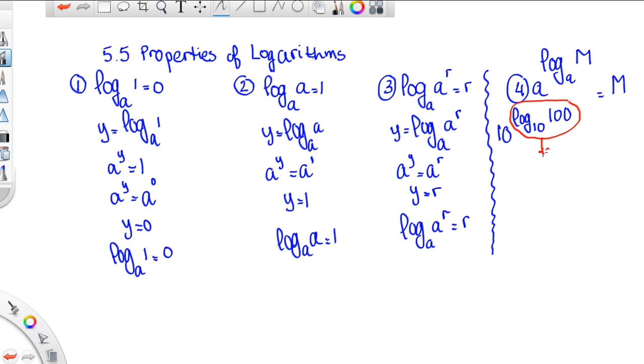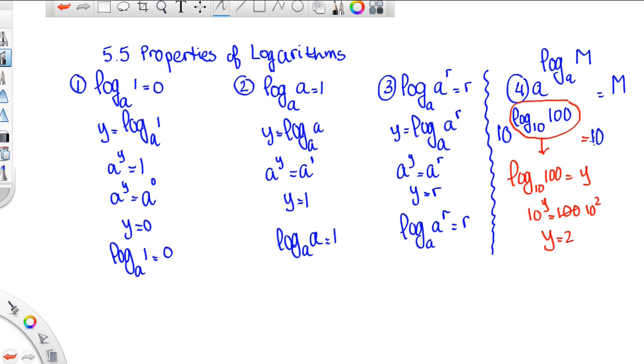So the log 10 of 100. Do we know what the log 10 of 100 is worth? Well, let's see. That means that 10 to the exponent of y has to equal 100. And then 100 is 10 squared, so that means y equals 2.